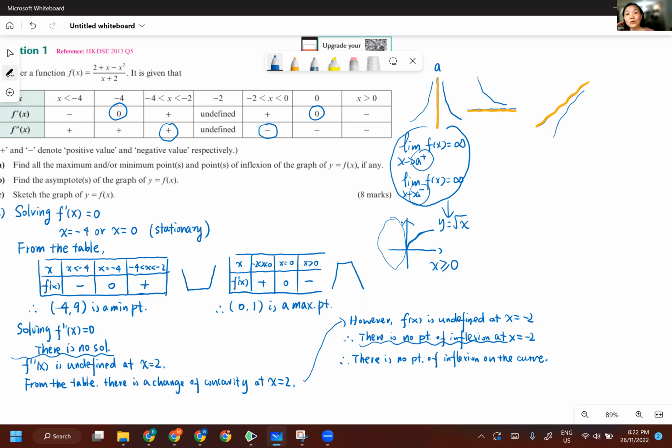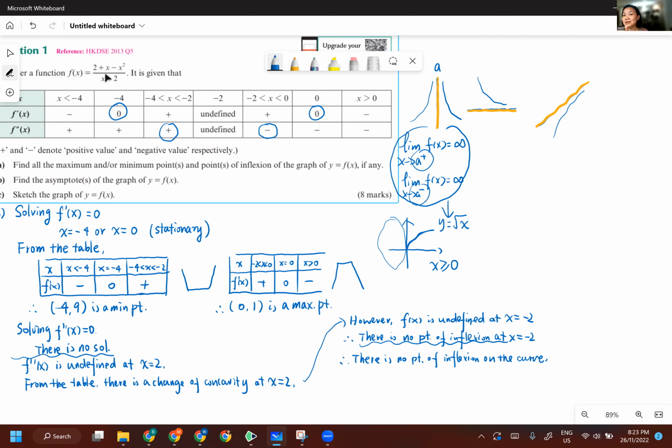So I say, if the function is undefined, then usually you will find an asymptote there, but not always. But for something like this, for example, you will find an asymptote, because when x tends to -2, you will get infinity.